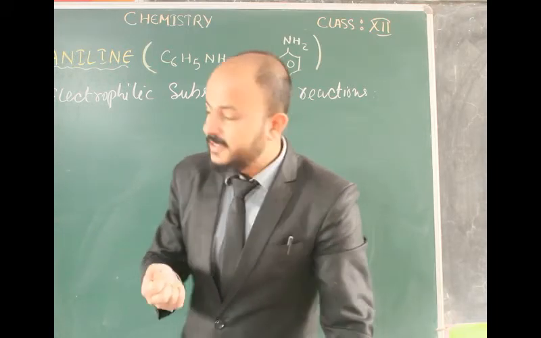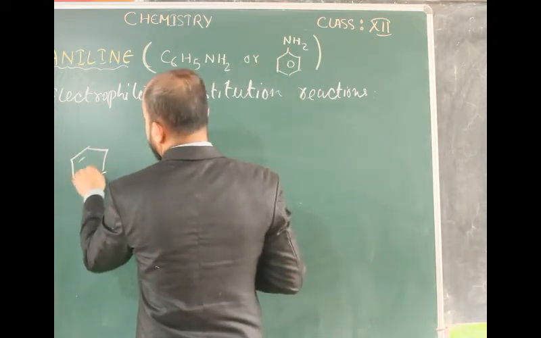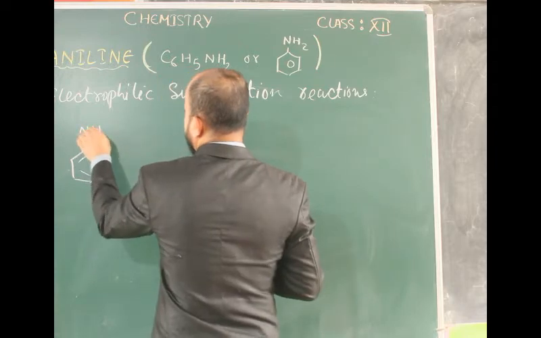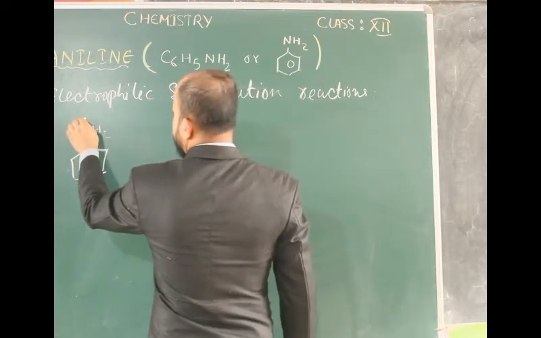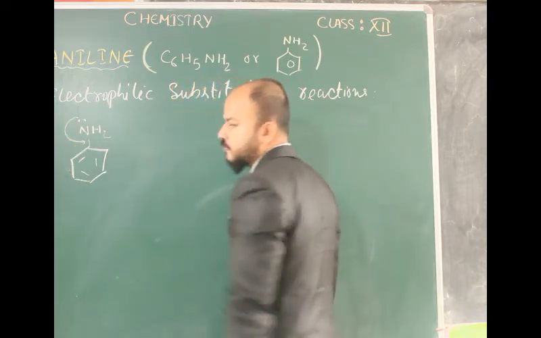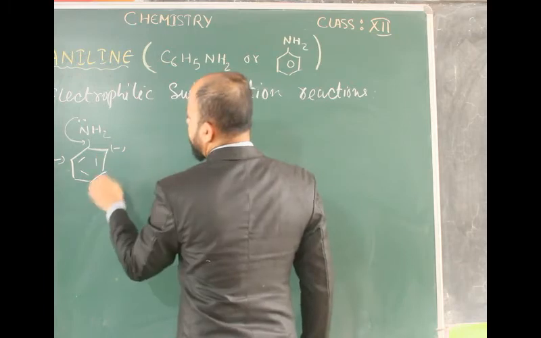But in the case of aniline, you can see here the structure of aniline, NH2. This NH2 is an electron donating group, so it is going to activate the ortho and para positions.